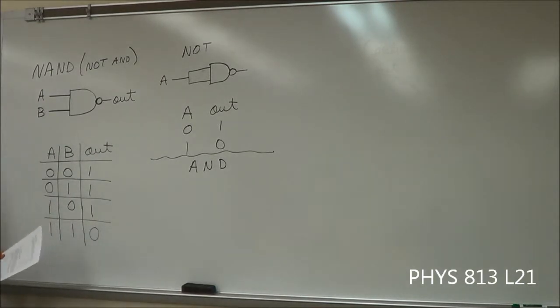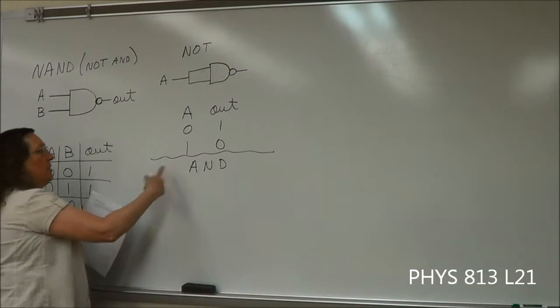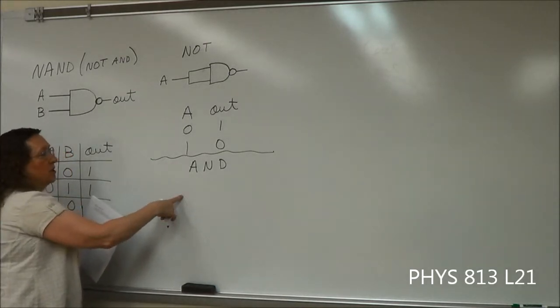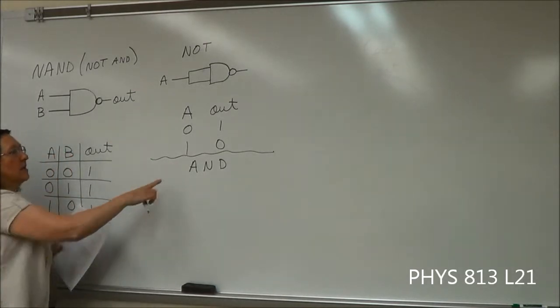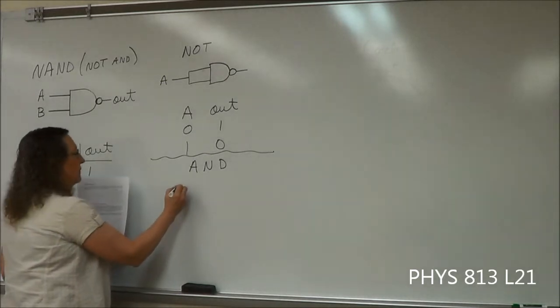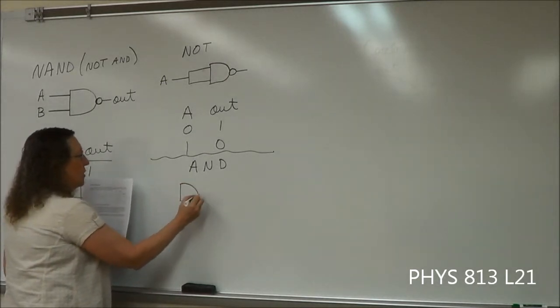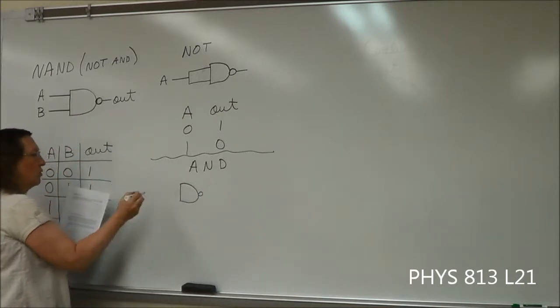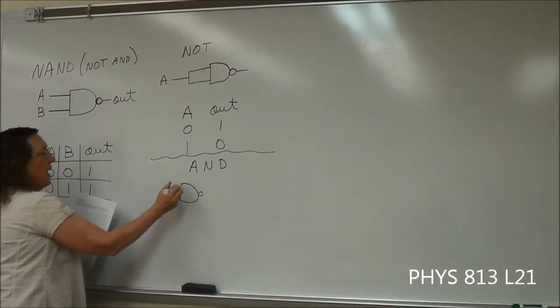So where we're headed is to get a truth table for a combination of NAND gates here that will give us the truth table for AND. Okay? So that one, let's see, I'm going to draw that here. We start with a NAND. Remember, we're only using NANDs.